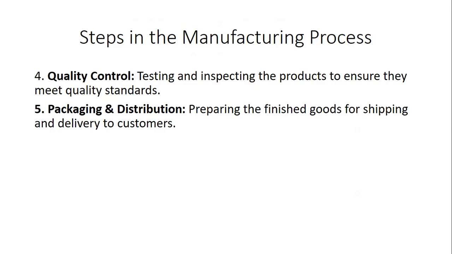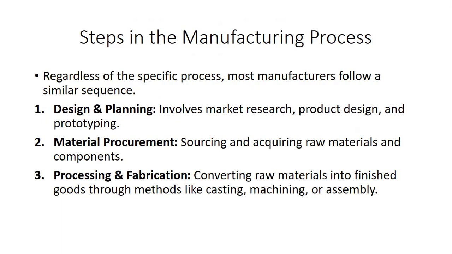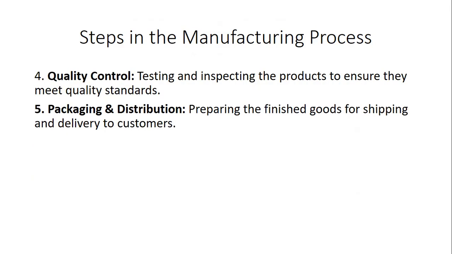Last one is packaging and distribution: preparing the finished items for shipping and delivery to the customer site. These are the general steps to be followed in the manufacturing process, the basic fundamentals.